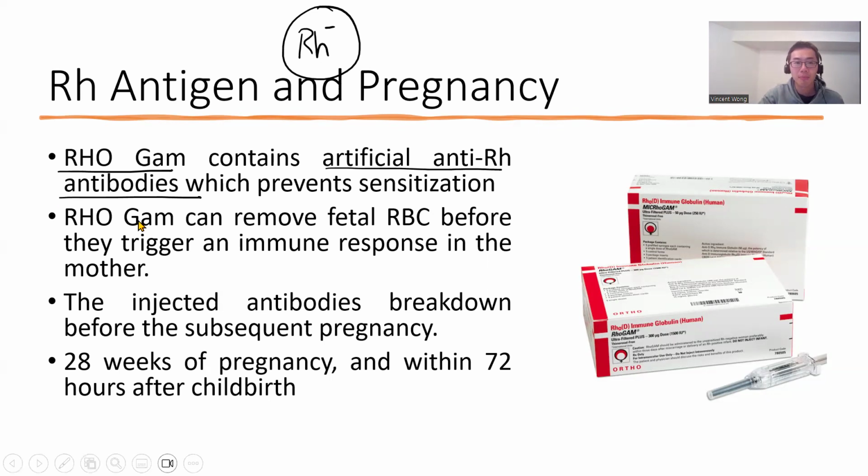But these are man-made, so they break down after a while, and then you will need them again in the future. So for each child, the mother should get RhoGAM. Based on my understanding, yes. Someone was talking about a shot after the first child; that's probably the injection we were talking about.